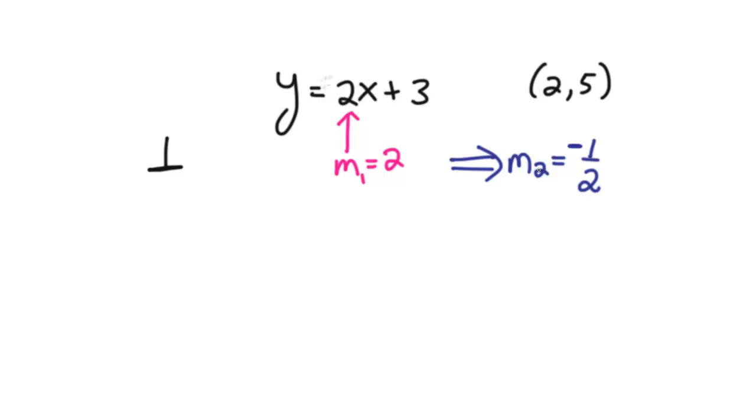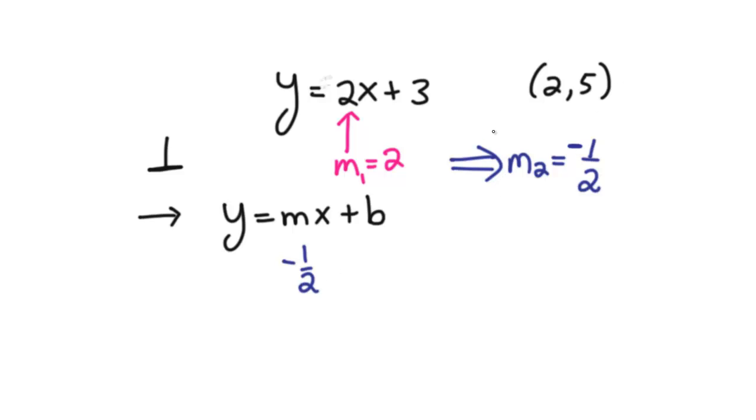Now we know the slope, and we also know that it passes through the point (2, 5). Again, we start off by writing slope-intercept form, y equals mx plus b. The slope that we want to use is -1/2, so let me replace that for m, that's m2 here.